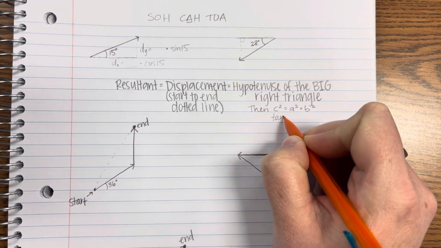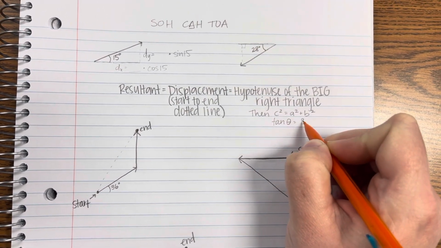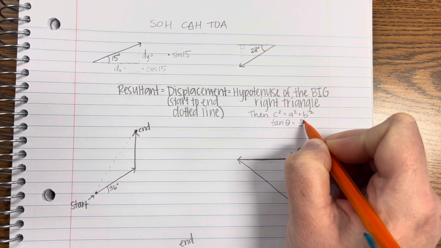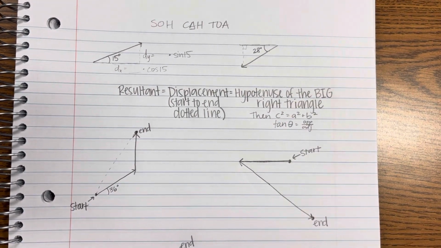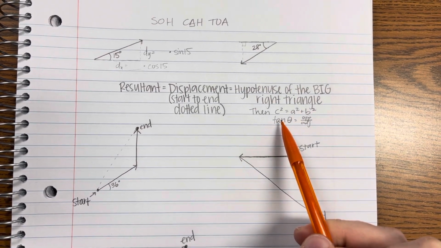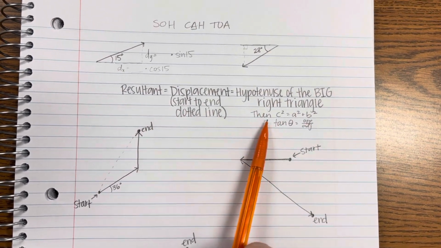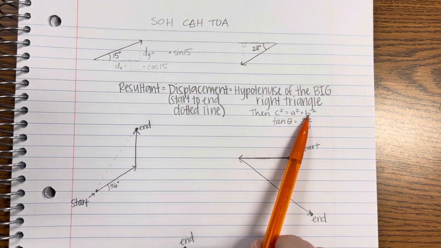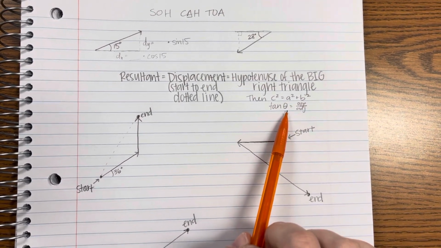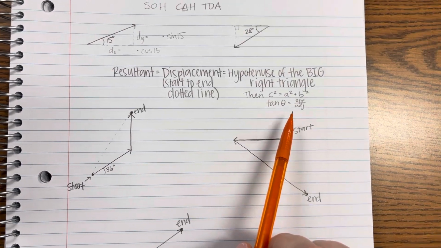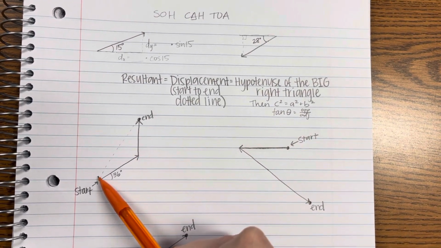I'm going to write these things here for you, and that's opposite over adjacent. Okay, if you don't have the sides of your right triangle and your opposite and adjacent, you're not going to be able to find your resultant.